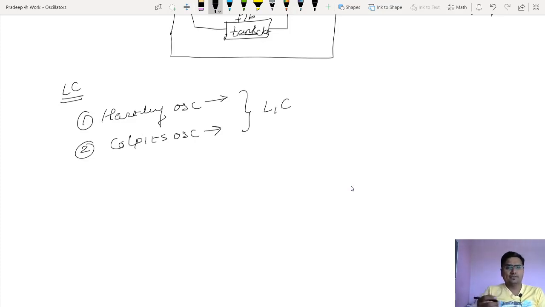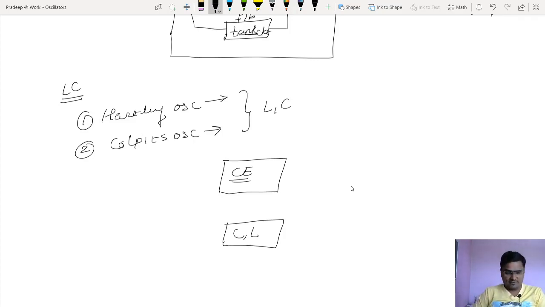We'll have some configurations of inductors and capacitors, but they are a must in the feedback network, and the amplifier will remain the same: a single stage common emitter RC coupled amplifier. We'll use the CE amplifier as the amplifier circuit, and the feedback network must contain capacitor and inductor. That's the constraint.